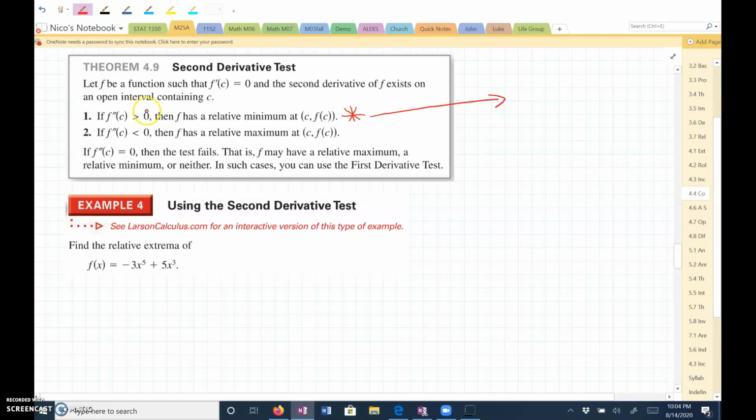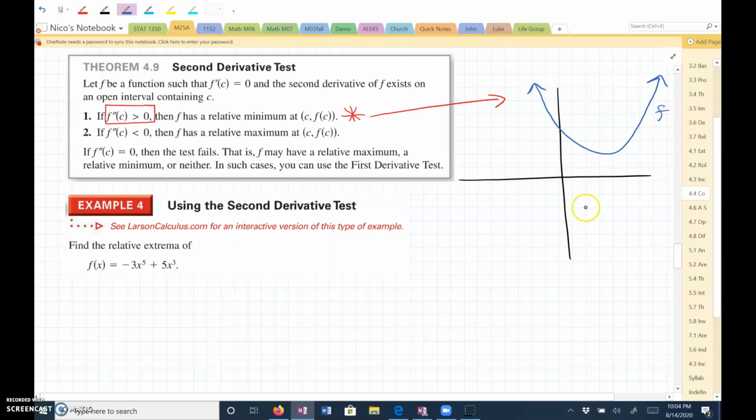This states if the second derivative is greater than 0. If that is the case, then right here, if this is function f, and if this is c right here, at f double prime of c, this would have to be greater than 0.